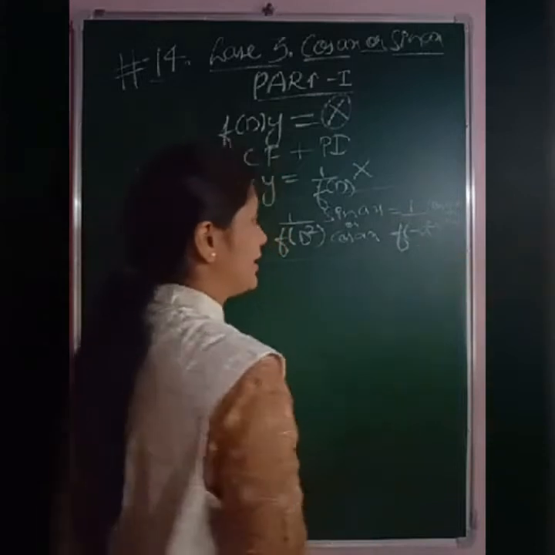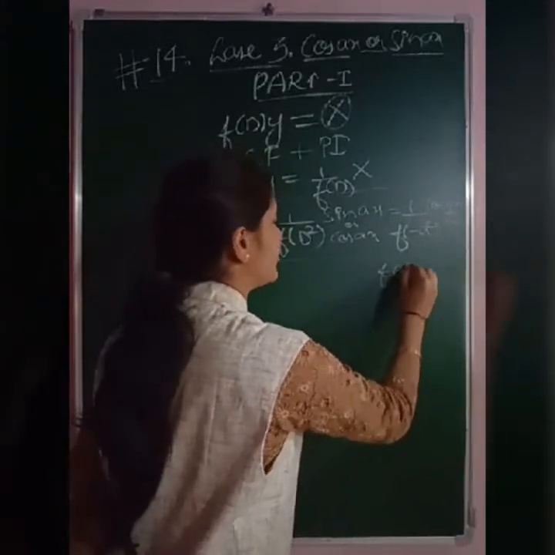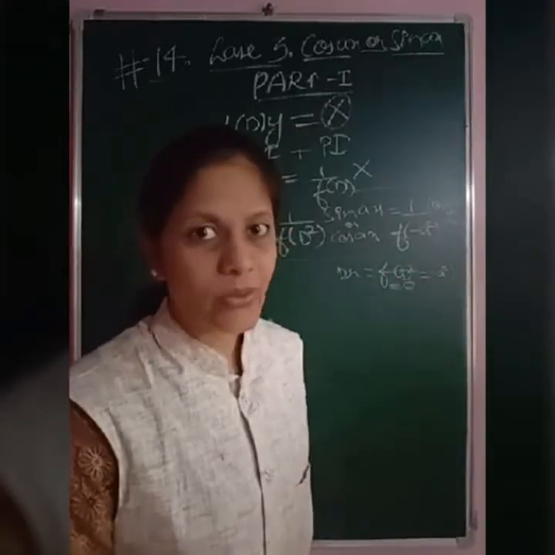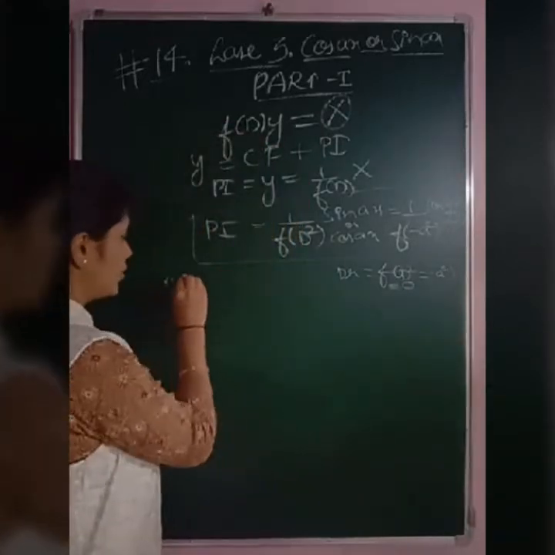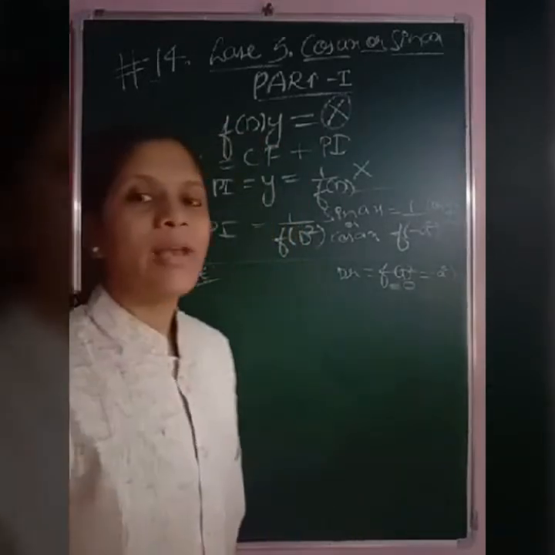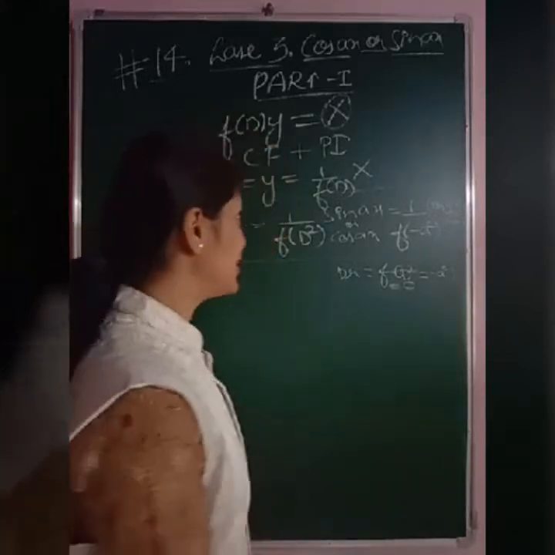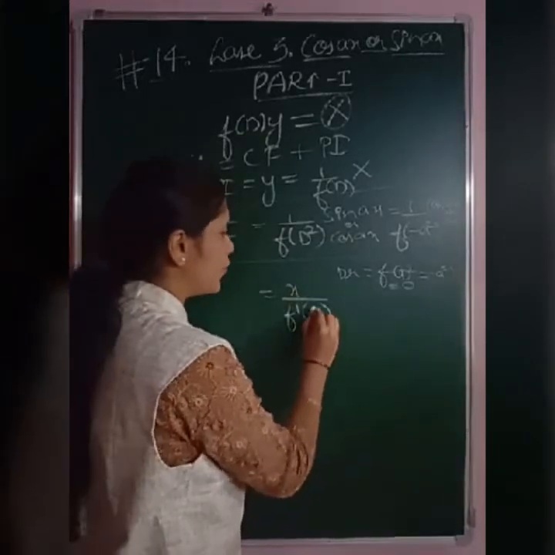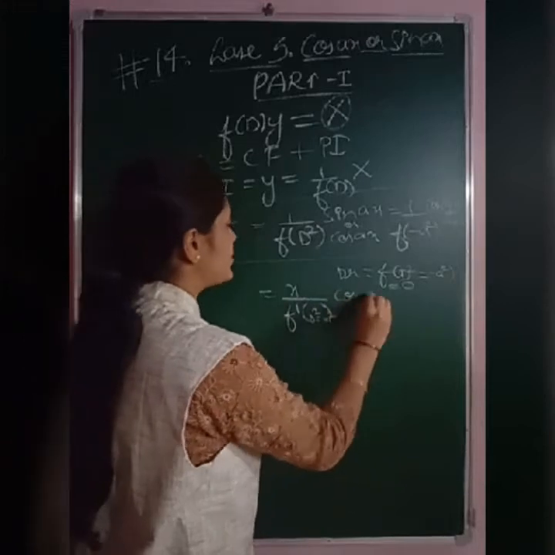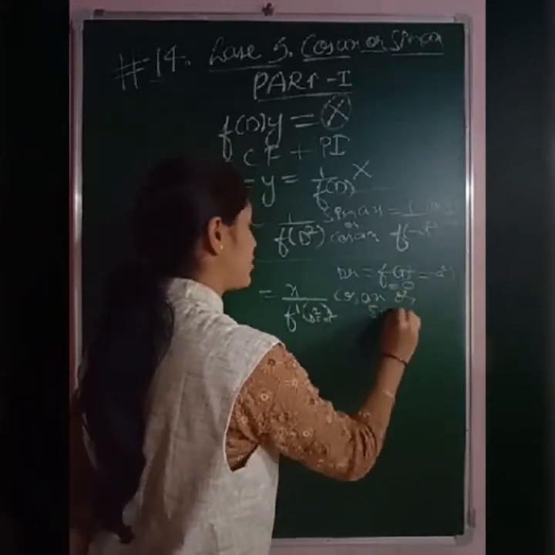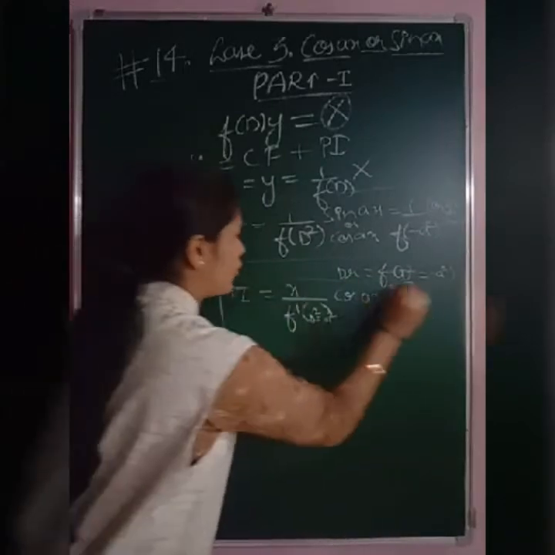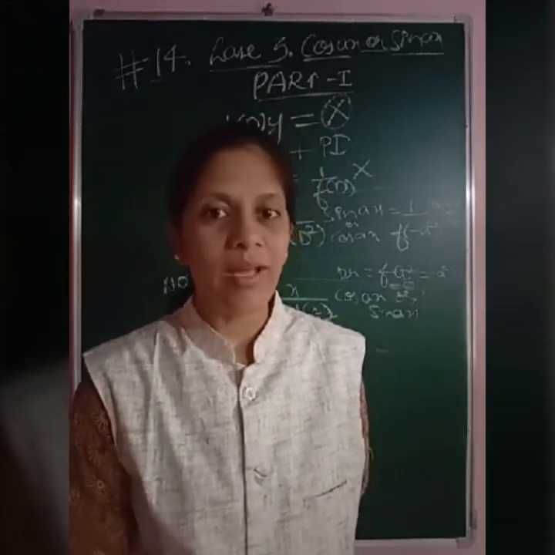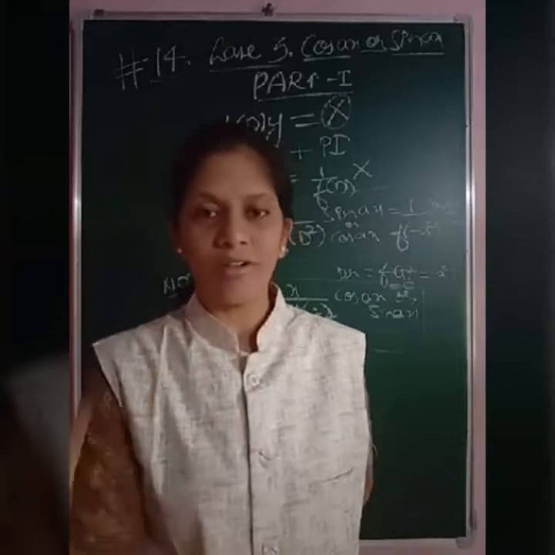Suppose when I substitute D squared equal to minus a squared, the denominator comes as 0. Then there is a special case, same as for e raised to ax. Just multiply the numerator by x, differentiate the denominator, and further put D squared equal to minus a squared, for cos ax or sin ax. So the general form is: wherever D squared is there, replace D squared by minus a squared.